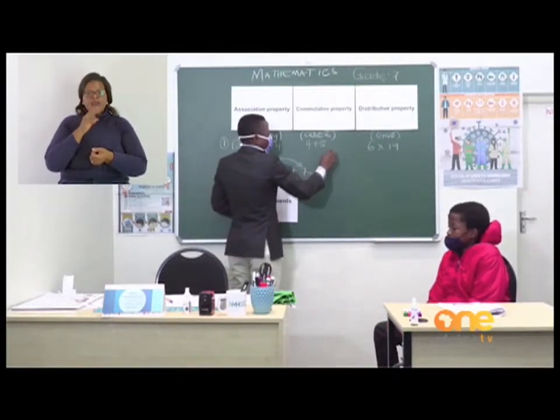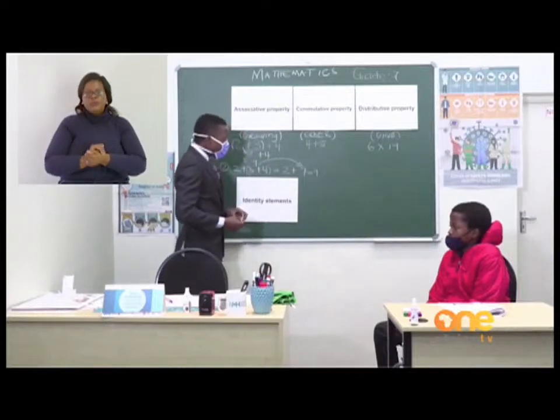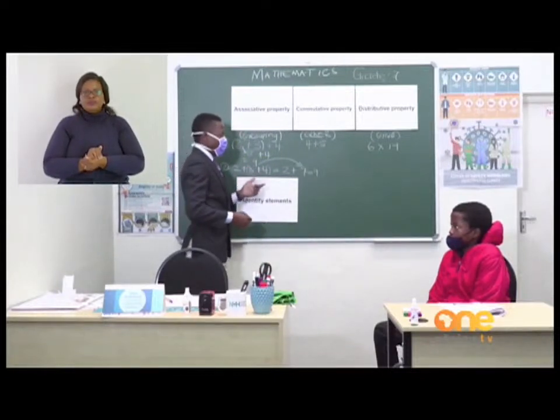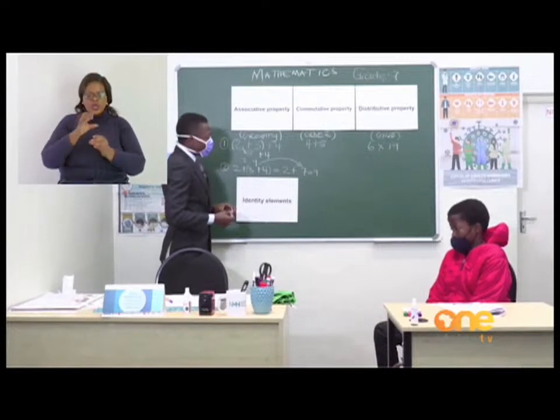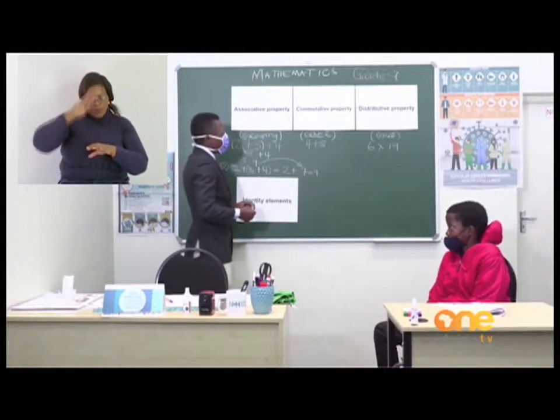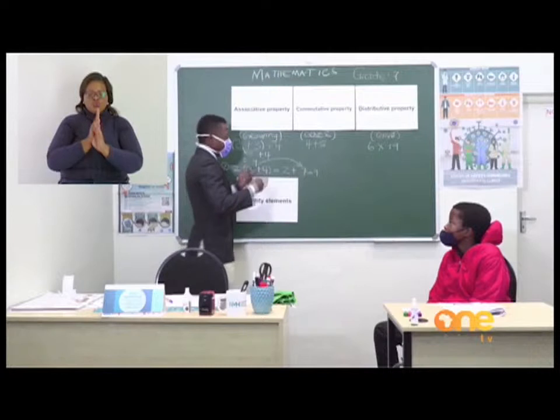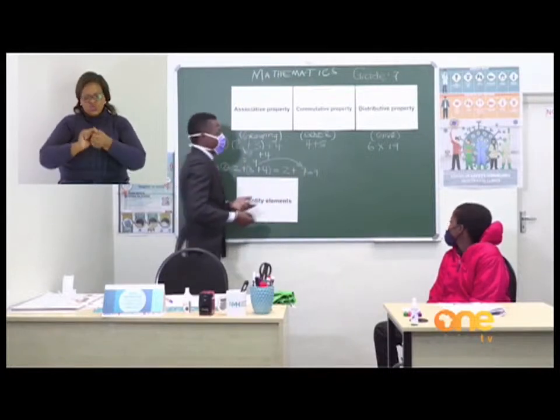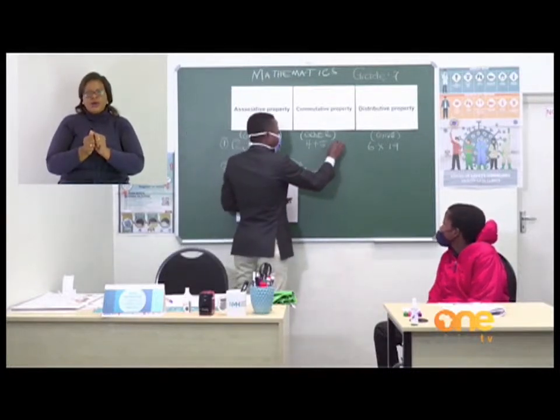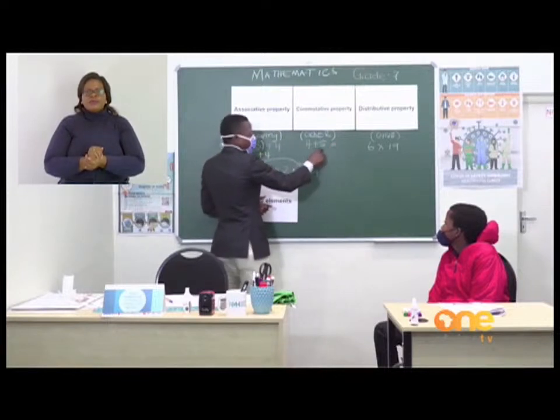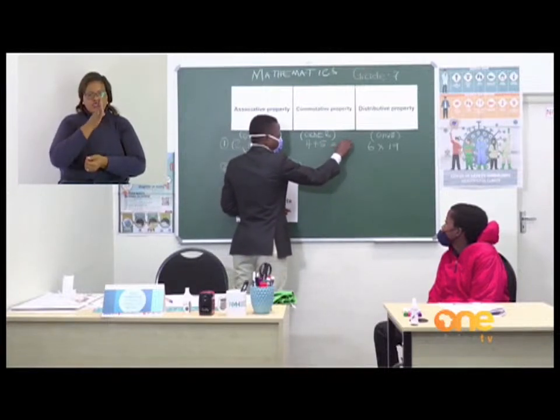Let me move to commutative property. Commutative property, there is an order. There is an order that you have to change. For example, I may have 4 added to 5 to give me 9.